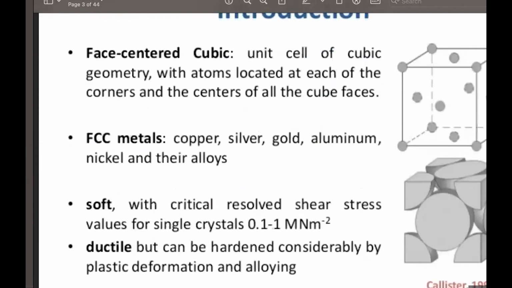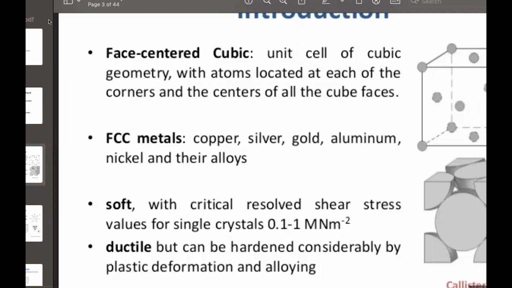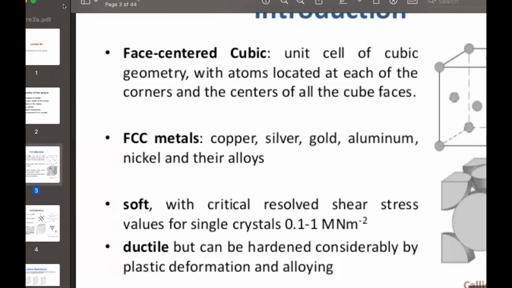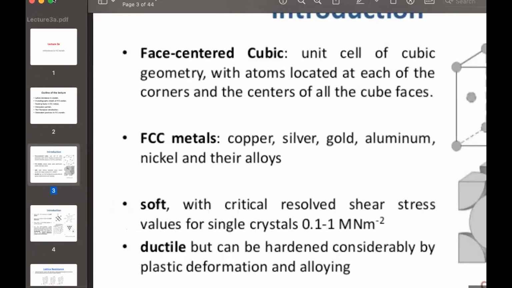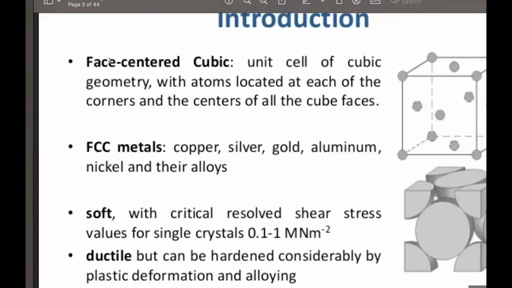So in FCC, we have 4, 110. Sorry. Can you guys see it? I want to just make it bigger, like the full screen. Anyways. Okay, so the main plane is 111.